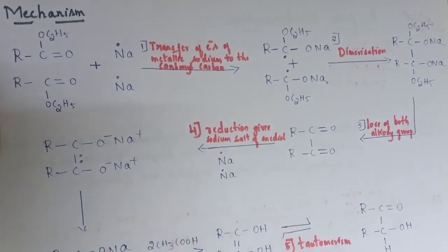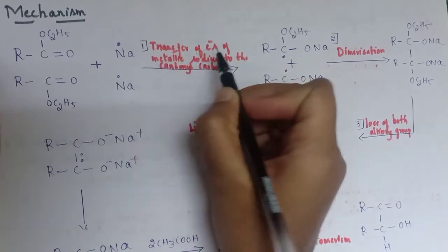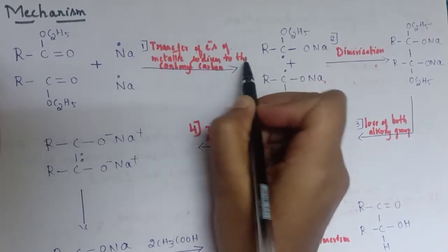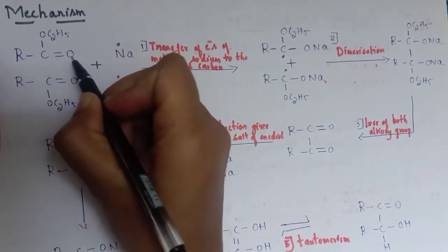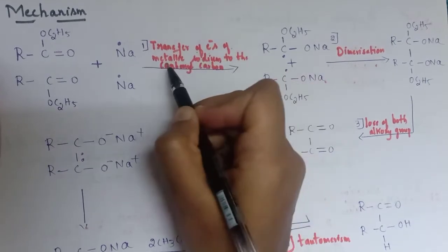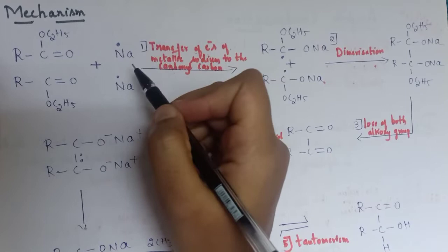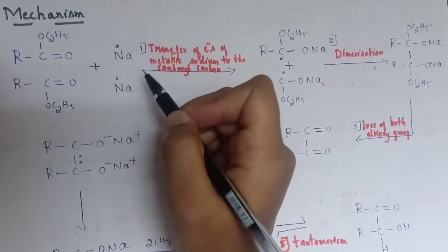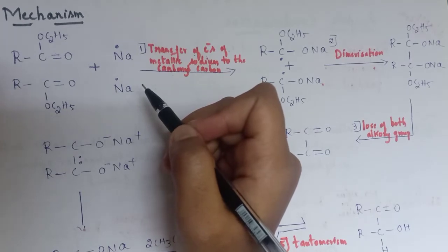Here the first step is step 1. What happens here? The transfer of electrons of metallic sodium to the carbonyl carbon. Here is the carbonyl carbon, the carbon with the double bond to O. We know that sodium has an electron, and sodium is a metal with a tendency to donate its electron.